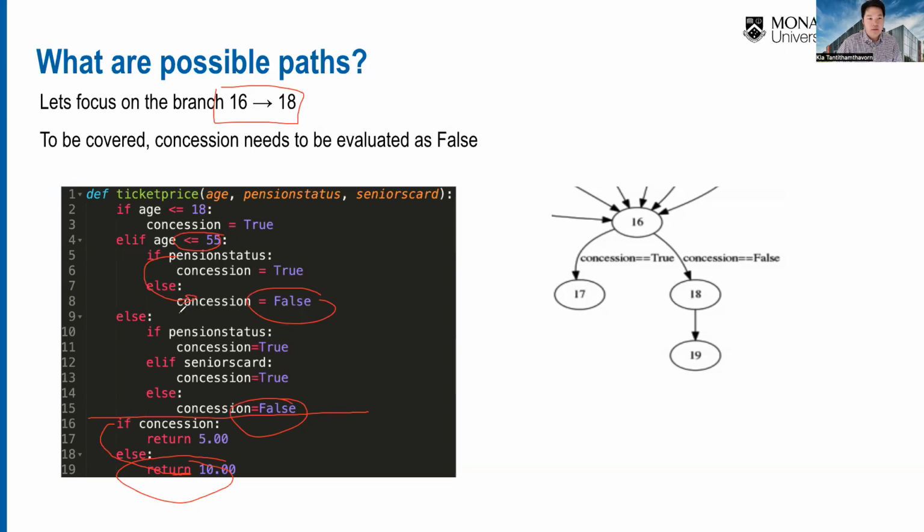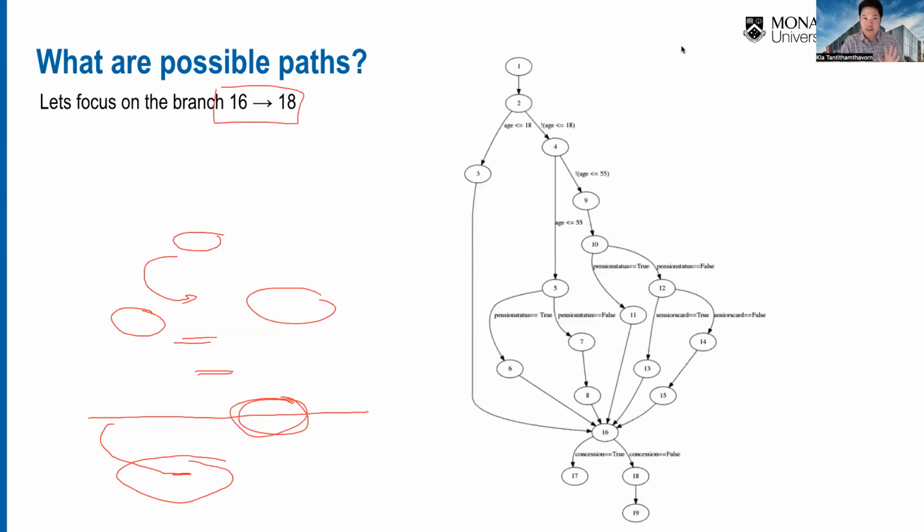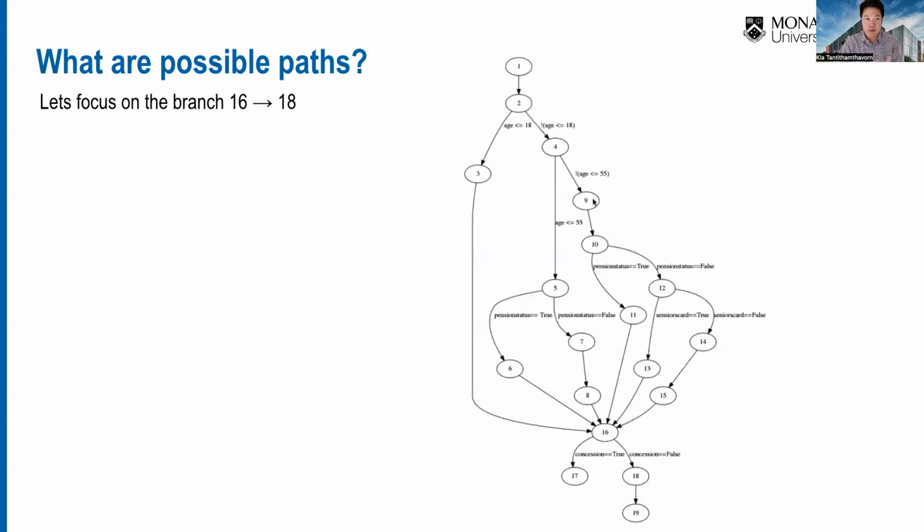Or, if you are a senior person but you don't have any pension card or senior card, then you will not get the concession. This is based on what we analyzed in this Python program, right? But we need to understand and identify the feasible paths as well. This is what we want.